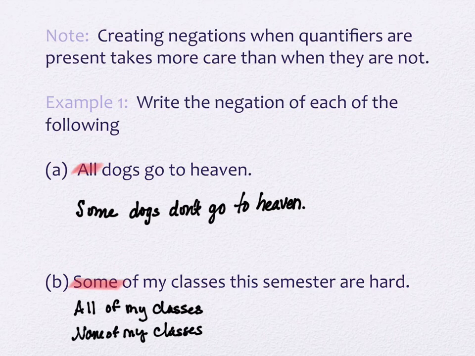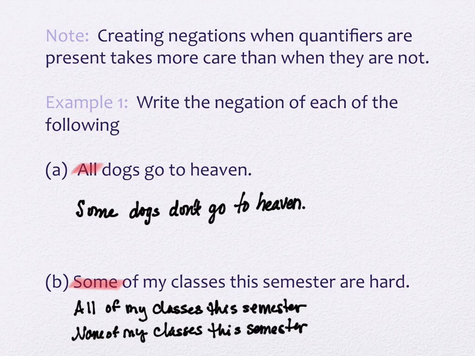So the rest of my statement, this semester, needs to be on both of them. So if I'm wanting to change the first one, all of my classes this semester, and instead of it saying are hard, what are they going to say? Are not hard.